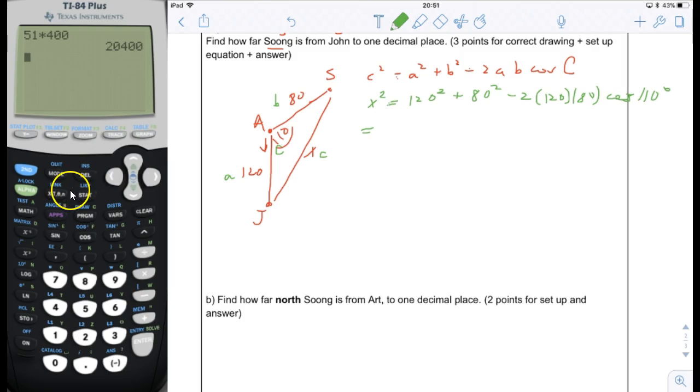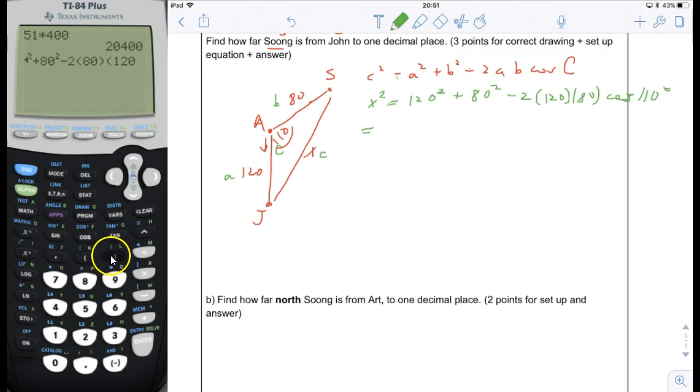First thing we're going to do is, since it's a trig problem, make sure we're in the right mode, degree mode. And now we are. We are going to do this operation here. So we'll do 120 squared plus 80 squared minus 2 times 80 times 120.